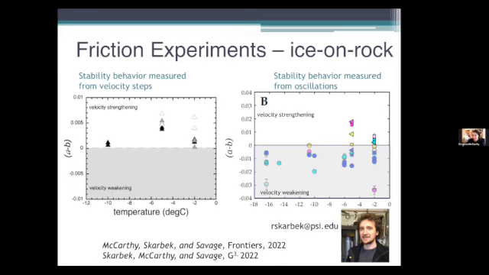Another exciting thing is that using just a velocity step is great in the lab, but nature doesn't always perform a little velocity step for us, right? Nature is complicated. Nature is doing dynamic forcing. So by having this program, you can maybe look at actual glaciers and actual faults that are being modulated by the tides, and be able to pull out the rate state parameters.